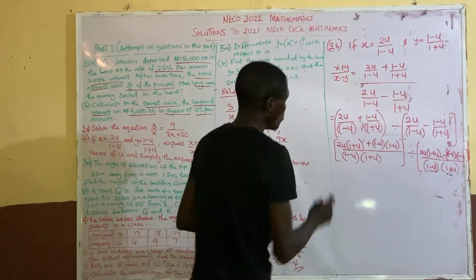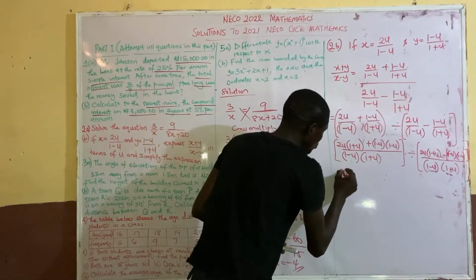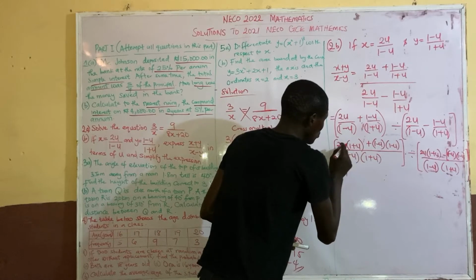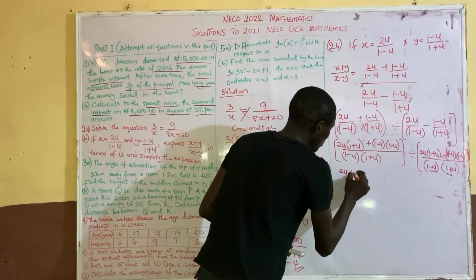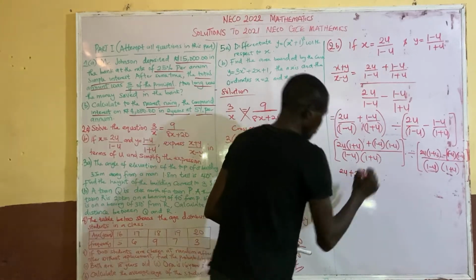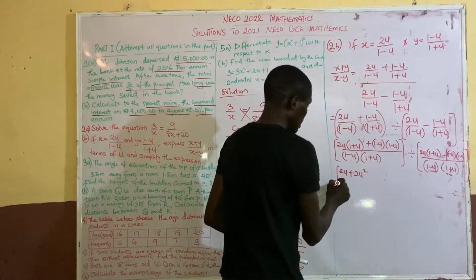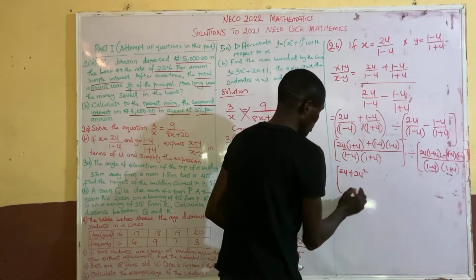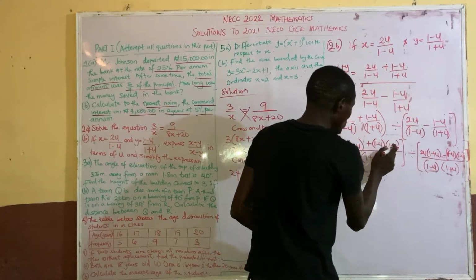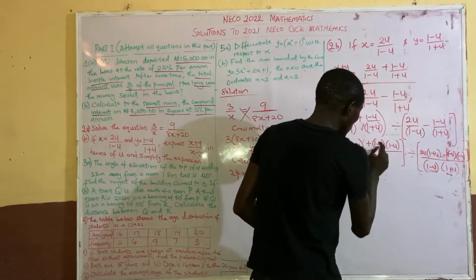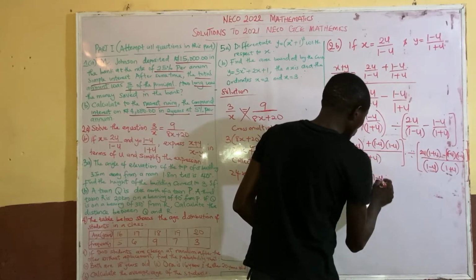Now let's put u times this will go to 2u, plus u times u, you have plus 2u squared. Don't forget that there's a big bracket here. Now plus, now expand this one. So 1 times 1, we have 1. 1 times minus u, minus u.